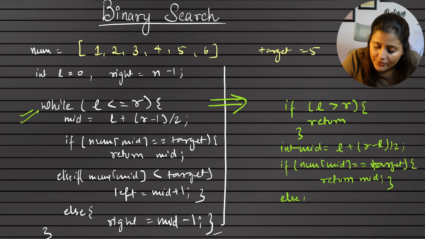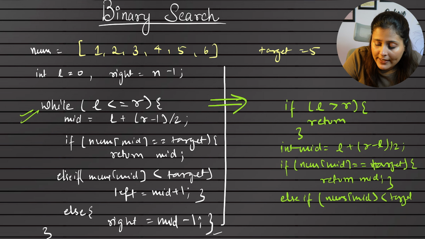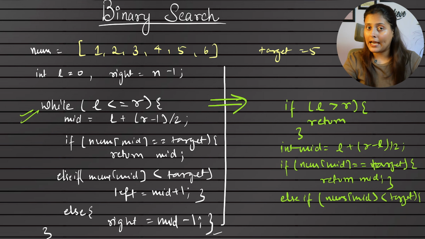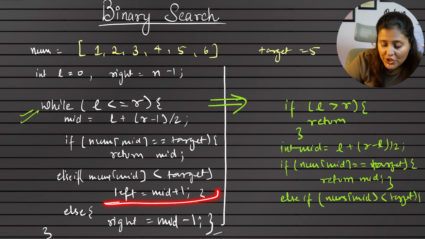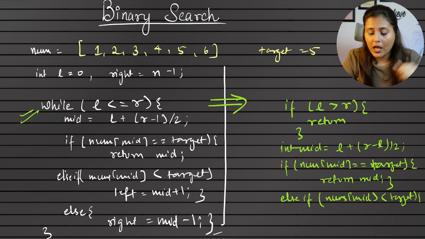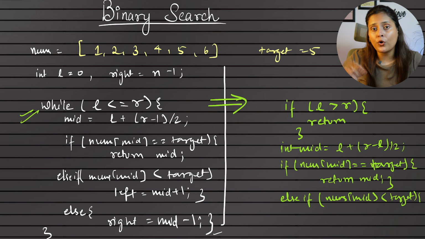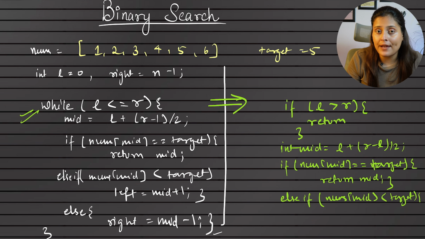Else if, what if nums of mid is less than target? If it is less than target, we have to search in the right half. So to search in the right half, in the iterative code we change the left pointer manually. But in the recursive code, we have to call the same function and change the values of the parameters.